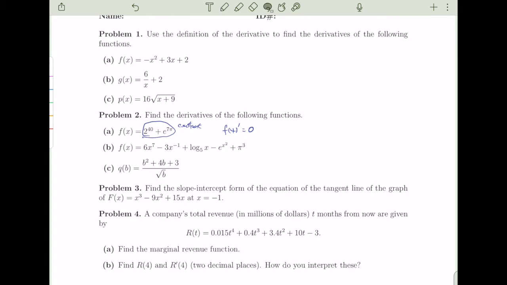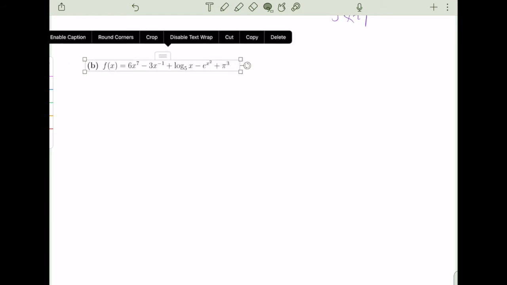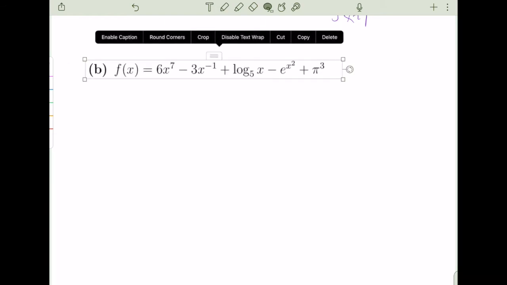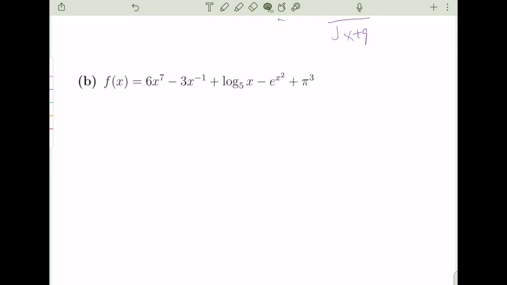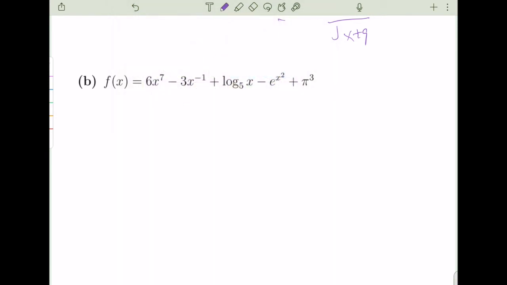Okay, so that is our question A. Question B here. We do the derivative term by term. You have lots of terms here, so it's like the derivative of each single term combined together. So firstly, start with the first term here.